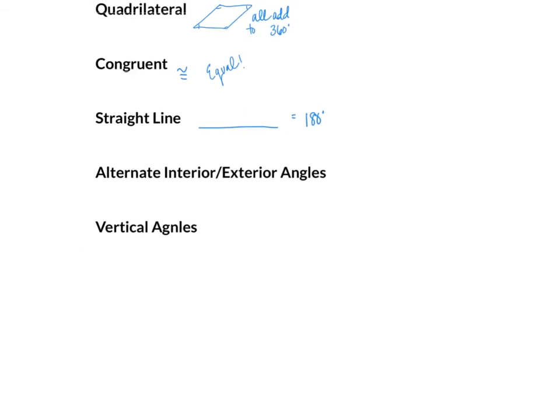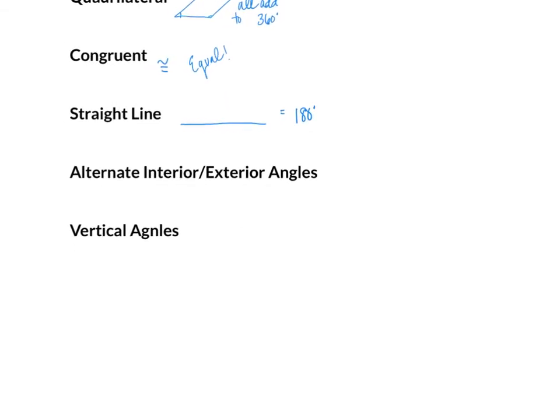All right, here's where we get into something a little bit more technical. So we have alternate interior and alternate exterior angles. Basically what this means is that there is a set of parallel lines. Here I'm drawing in red some parallel lines, and they've been cut by a line, okay? We call that line a transversal, but we'll get to that later.